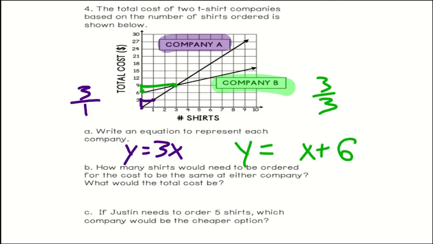All right, B here says how many shirts would need to be ordered for the cost to be the same for either company? 3. Who's not sure where we got 3 from?